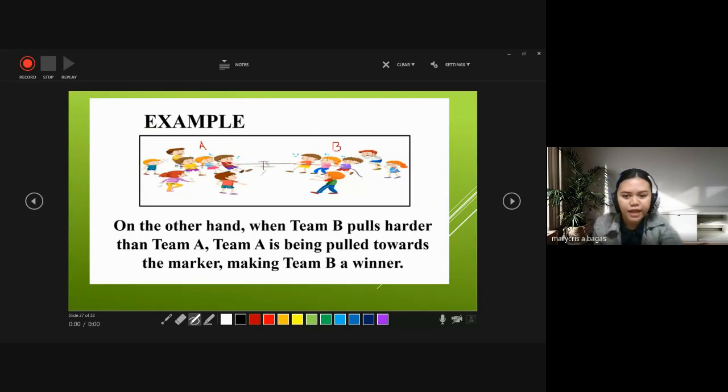On the other hand, when team B pulls harder, they exert more effort than team A, and team A is being pulled towards the marker, then making team B the winner. Because team B pulled or exerted more force, the arrow or the magnitude will go to team B.